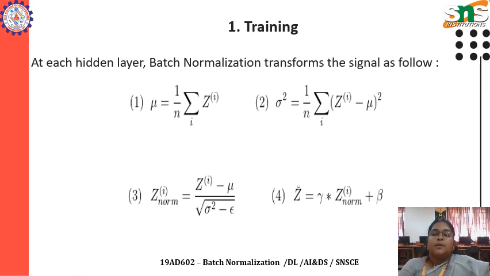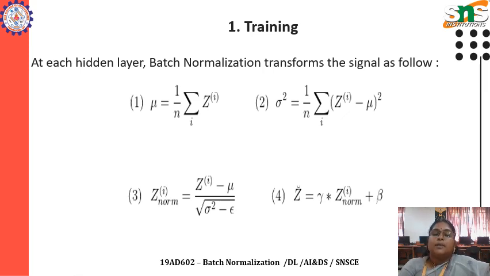The first one we consider is mu, which is the mean. Sigma squared is called variance, the normalized output is z norm to the power i, and the other is the desired output z cap. These four terms are what we are going to use to normalize the input data given to the hidden layer.